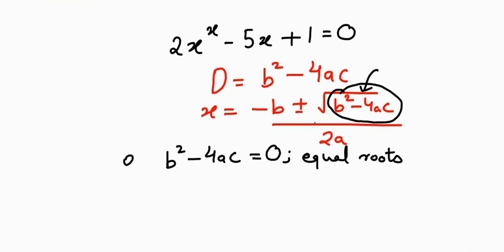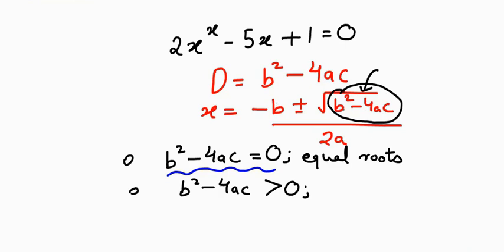This is a very important formula. Questions related to it often come. If b square minus 4ac is equal to 0, then we are going to get equal roots. The value of both the roots will be the same. But if b square minus 4ac is greater than 0, means positive, that means first of all, we'll get real roots because the thing inside the under root is positive. This is a real number, this is also a real number.